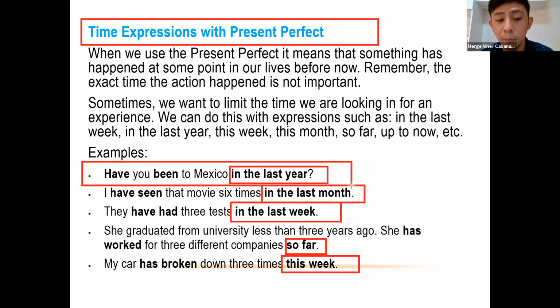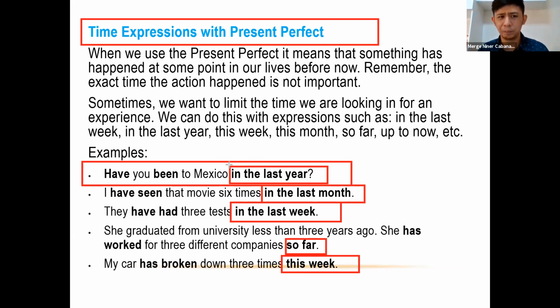Have you been to Mexico in the last year? So, what does this mean and why do we use this special case of time expression?